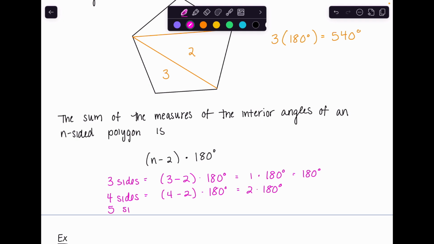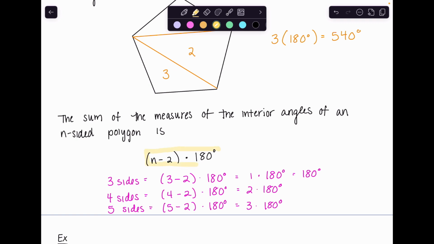And then just for completeness, 5 sides is a pentagon. That's 5 minus 2 times 180. It is 3 triangles, exactly what we found over here. Okay? So this is the formula that we're going to use more generally.